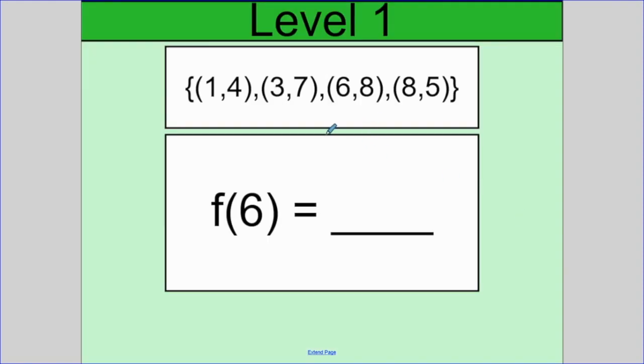Here is another set of ordered pairs, our function, and we want to know, when our input is 6, f of 6, what is our output? We come up to our set of ordered pairs, and our input being our x is 6. What is our output? We can see that that is 8.